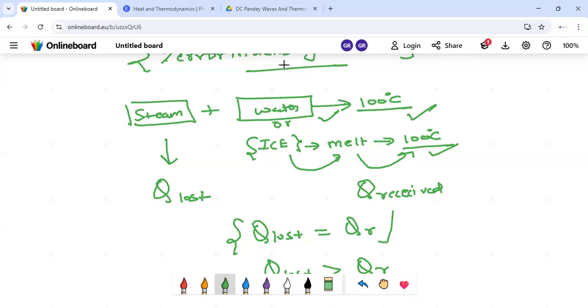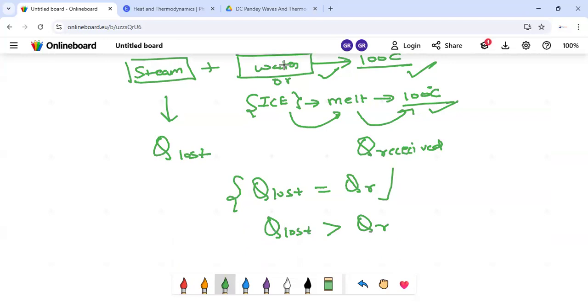So we will calculate how much heat is required for X amount of water to come up to 100 degrees Celsius by using the formula mass into specific heat into delta T. Or if it is ice, then first the ice will melt and then it will come up to 100 degrees Celsius. So we will calculate how much heat is required. And steam is losing the heat.